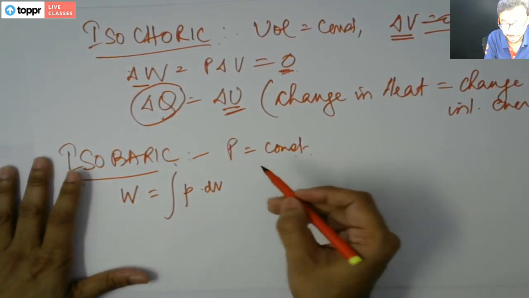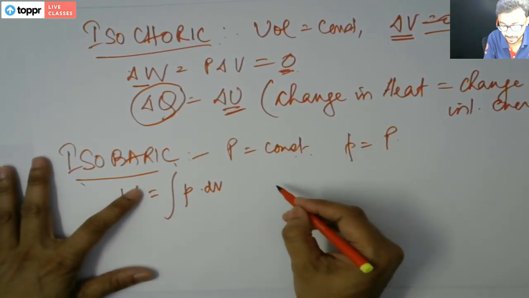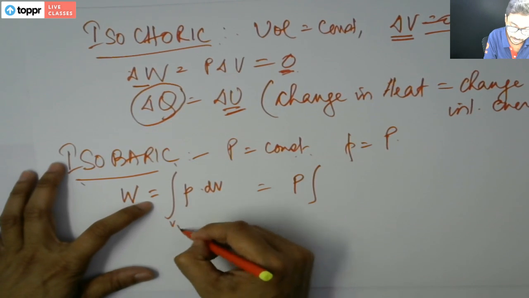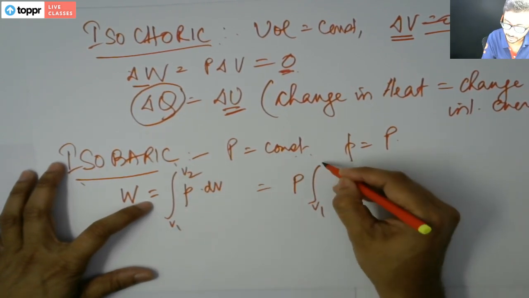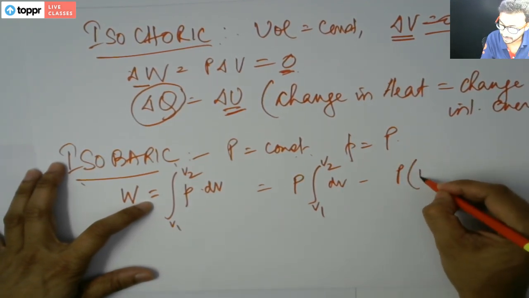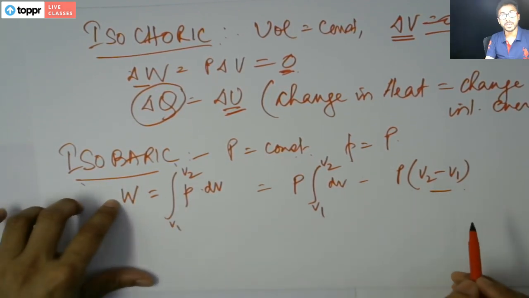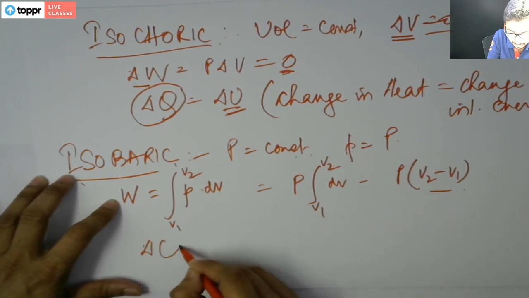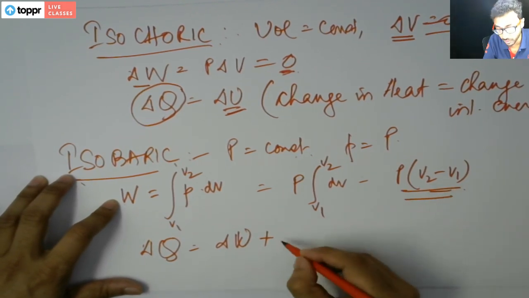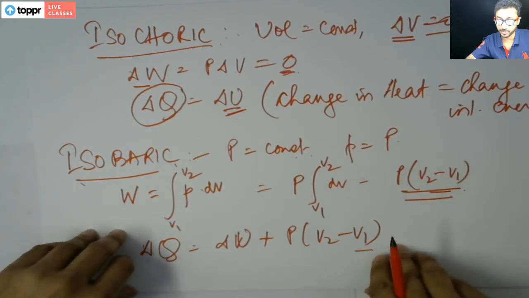This P is constant, which is nothing but capital P. So we can take P outside, and let the volume change from V1 to V2. That becomes P times V2 minus V1. So work done is nothing but P(V2 minus V1). So here del Q will be del U plus the work done, that is P(V2 minus V1). Isobaric process.